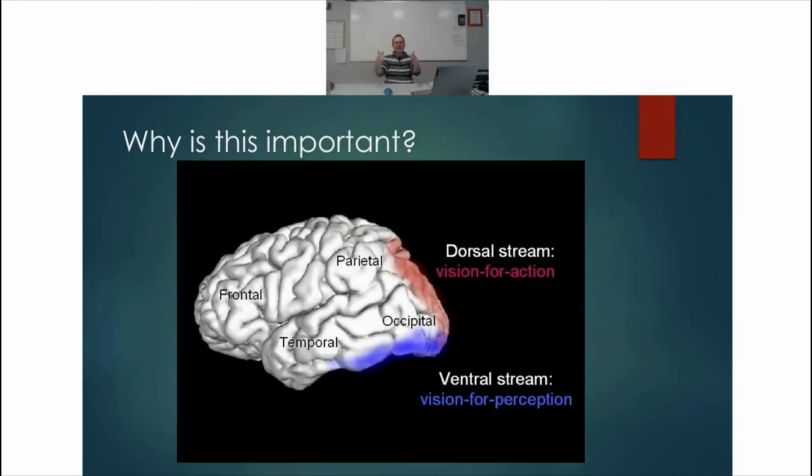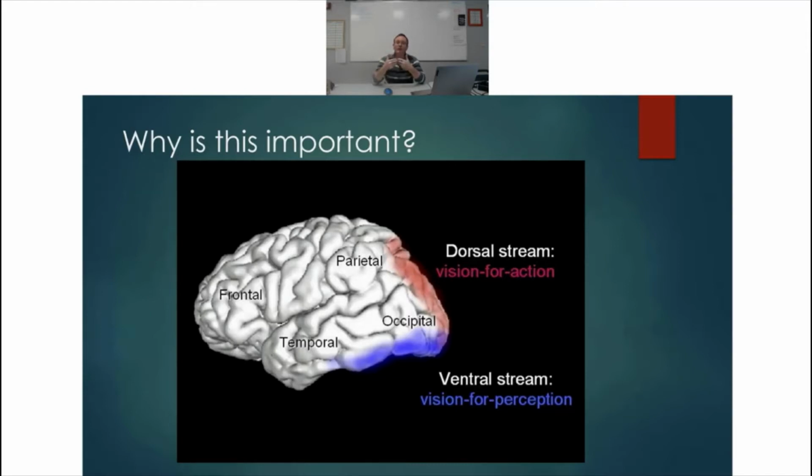That's that action pathway. But that ventral, okay, that is the what pathway, the parvo, okay? It's going to give me clarity, okay? So it's got its roots. It's going to help me to decide details and color and all those different things. Accommodation works through that parvo pathway, okay?